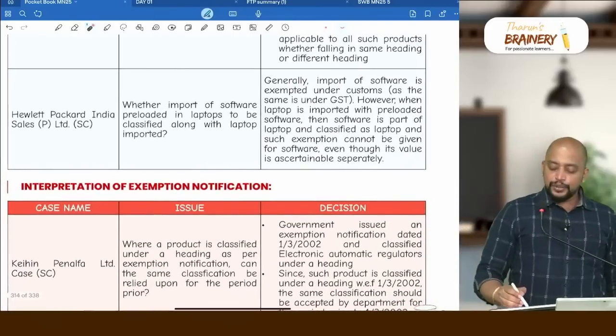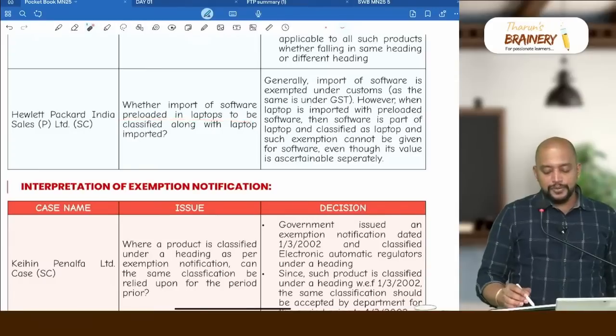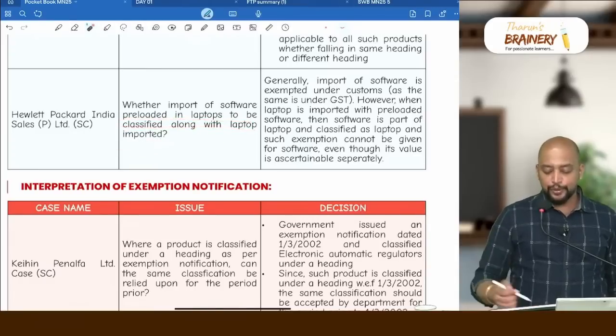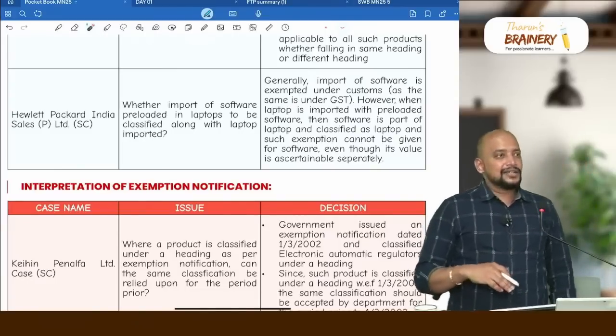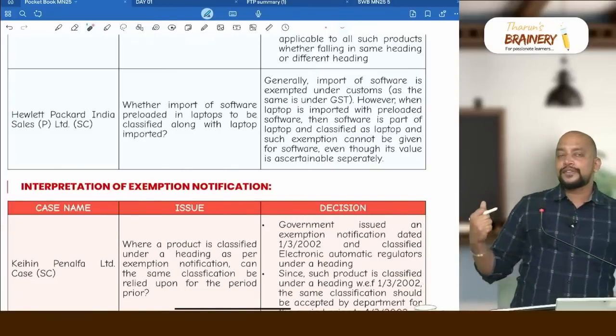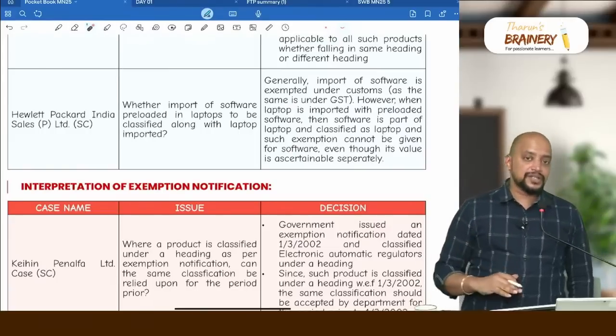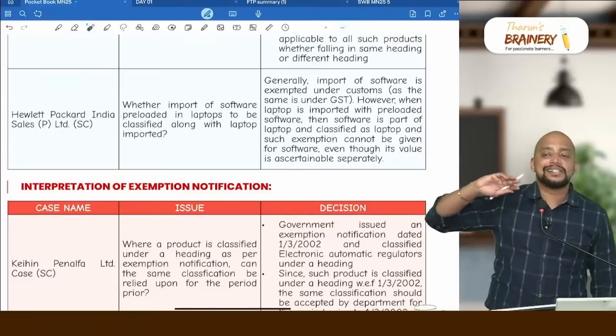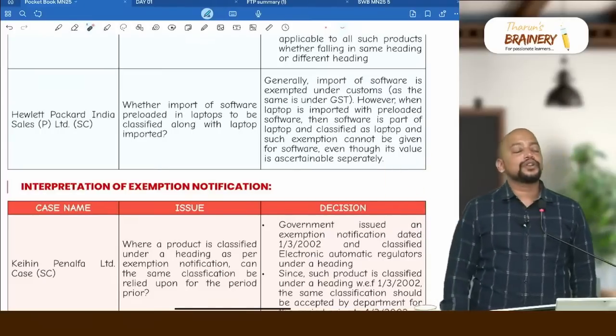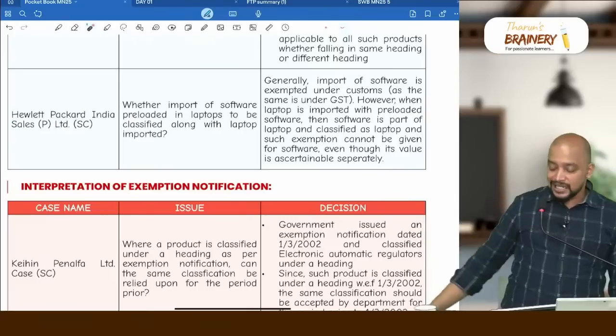Then, whether import of software preloaded in laptops is to be classified along with the laptop imported, the Hewlett Packard case. Right now, import of software is exempt under customs. Why have they exempted it under customs? Because software will always be treated as services under GST. So on import of software we need to pay GST. That's the reason.